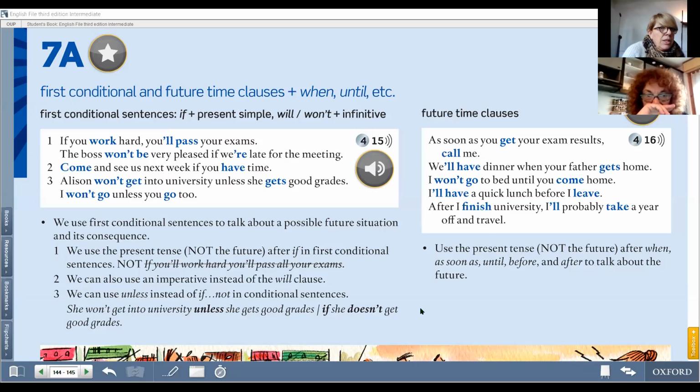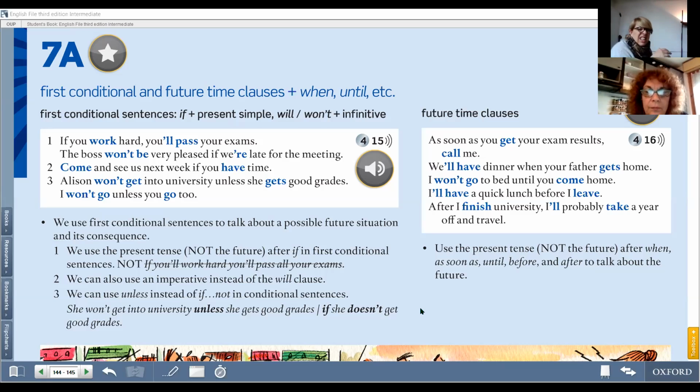Okay, do you want to read, Olga? First conditional and future time clauses. Page 144. Okay, I'm going to send it to you.